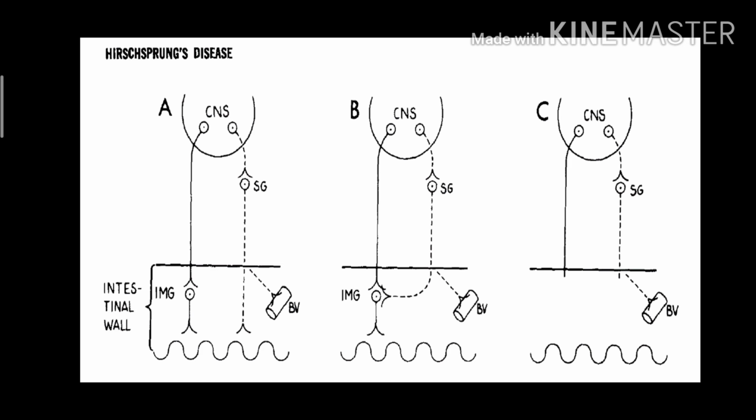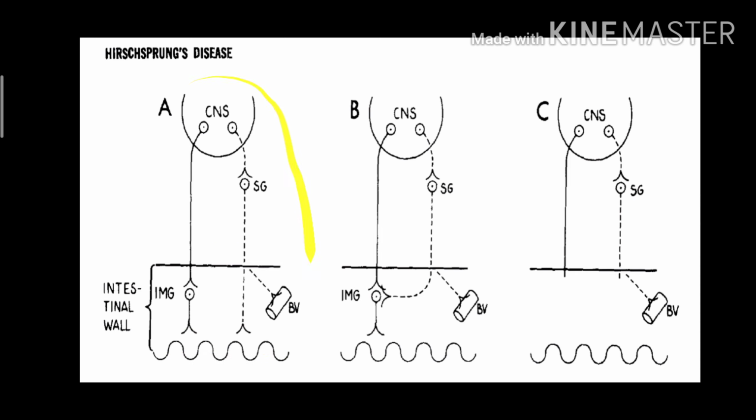Our initial thought process when we study early is that this is the sympathetic system with the sympathetic ganglia here and nerve fibers into the visceral organs, and the parasympathetic system, the craniosacral outflow, comes here, there are ganglion cells, and from there nerve fibers supply the visceral organs.